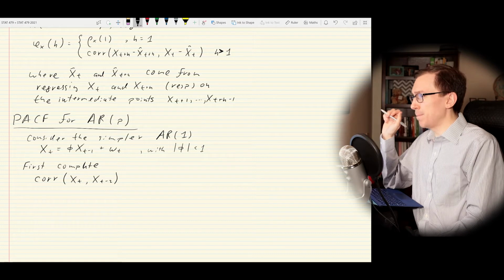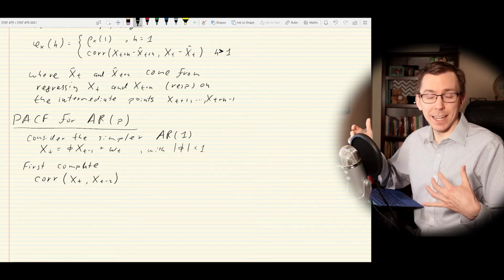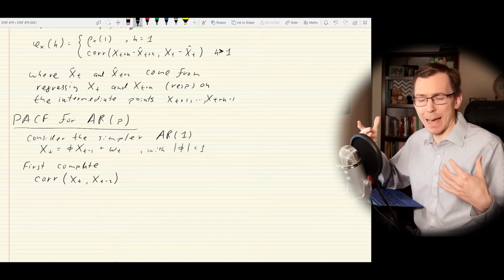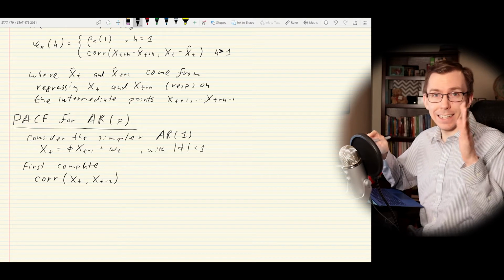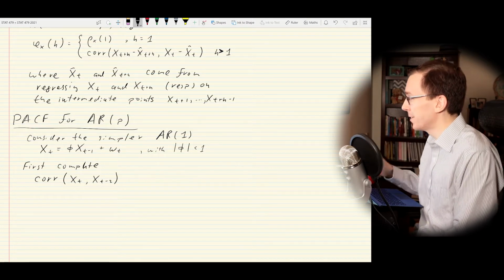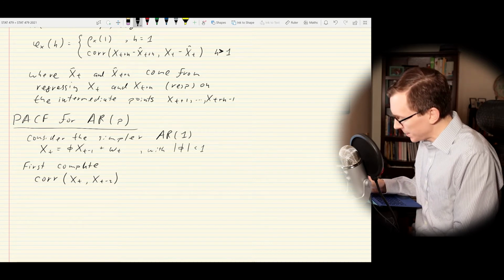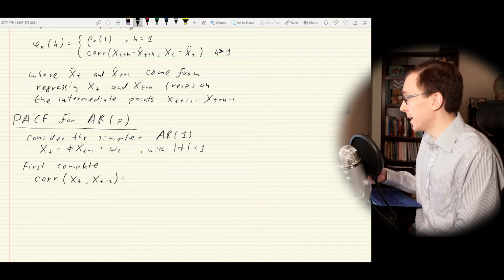So before we get into the partial correlation, we're just going to take the correlation itself so we can contrast what's happening here. When we take the correlation between x_t and a time point 2 in the past, that is x_{t-2}, what's the easiest way to do that? There's lots of ways that you can approach computing this.